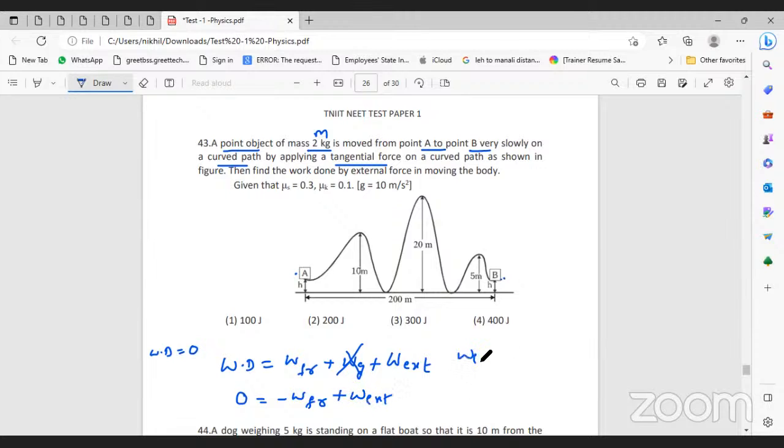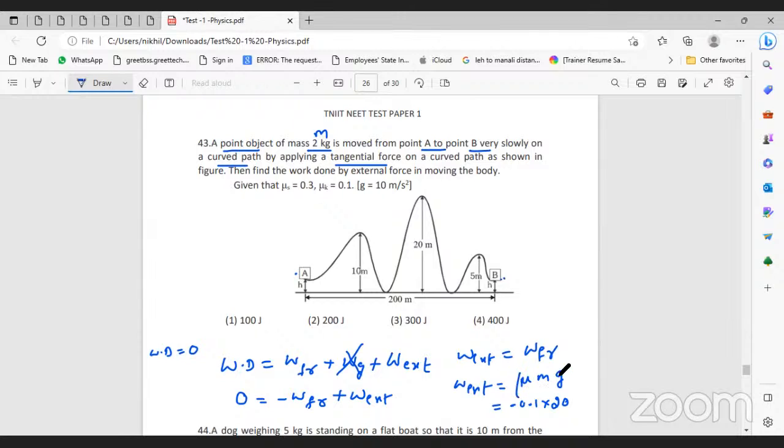So the external force is only needed to overcome the frictional force. So what's the formula for the frictional work? Mu into mg. So what is mu? I'm taking 0.1. Mass is how much? 2 kg, into g is 10, 20.